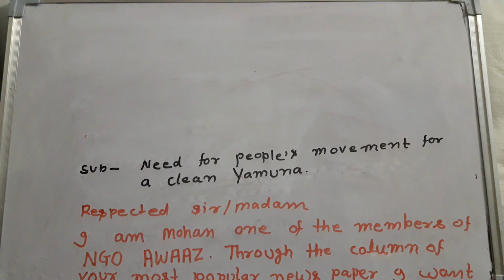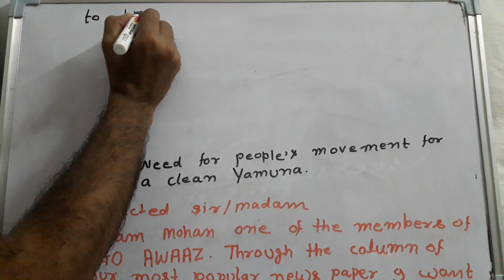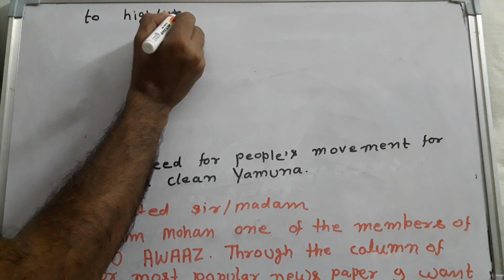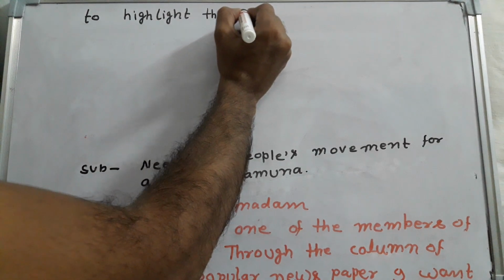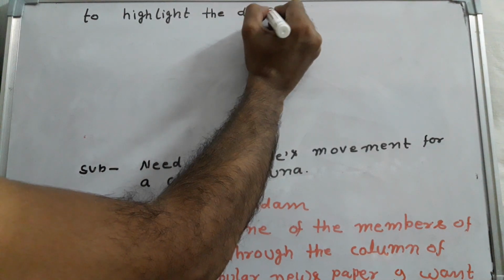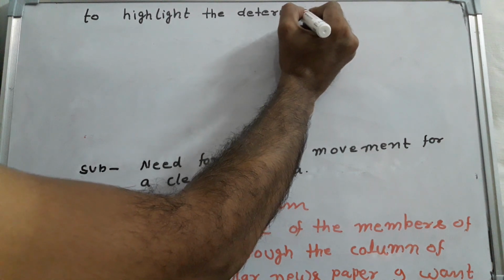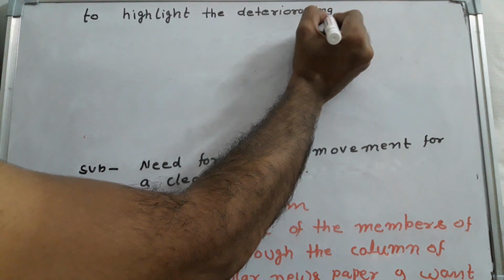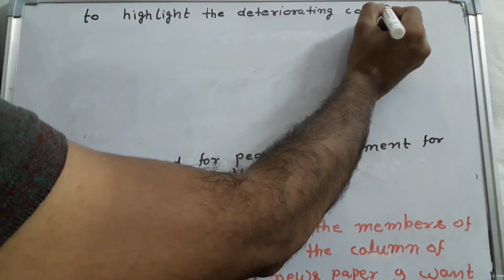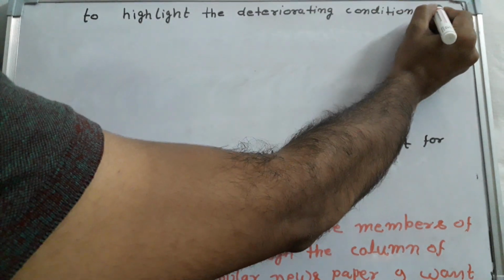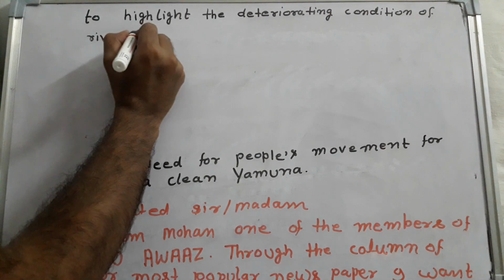Next, I want to highlight, the paragraph is continued, to highlight the deteriorating condition of river Yamuna.